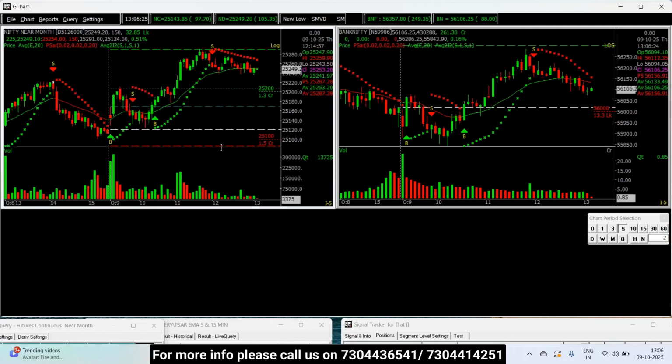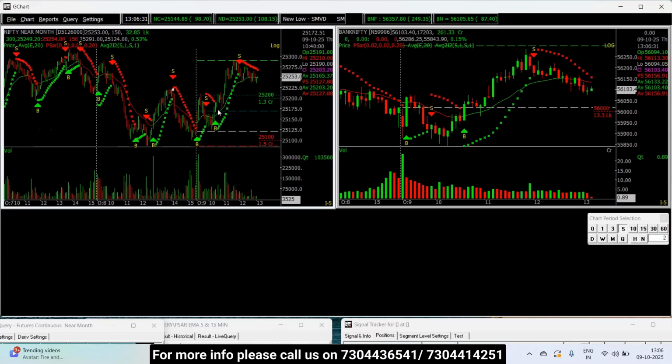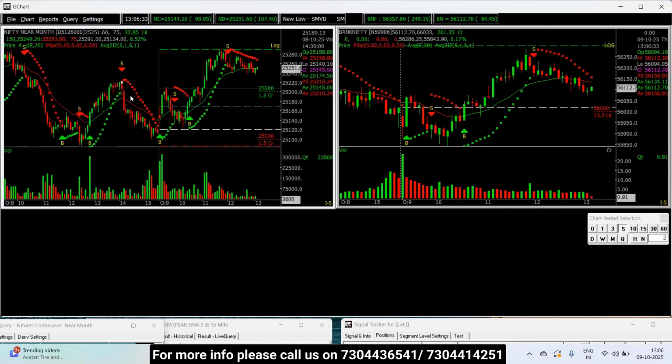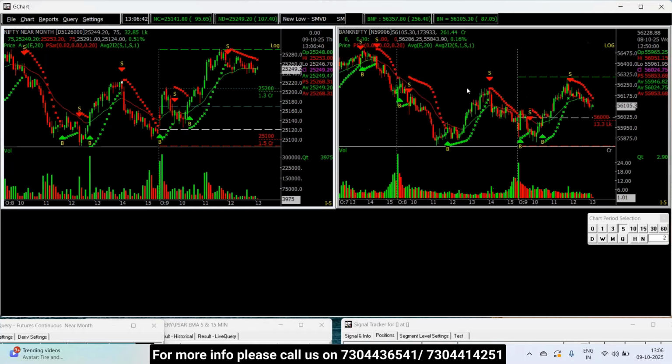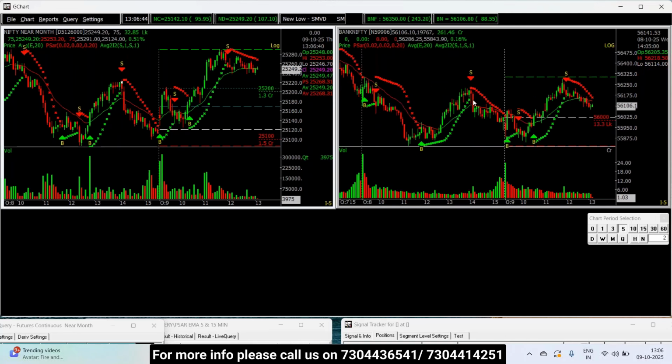Here I opened Nifty, and as you can see, the rally has been coming for the past two days, with strong uptrends. Here is Bank Nifty as well, yesterday's and today's, and the rallies are coming.